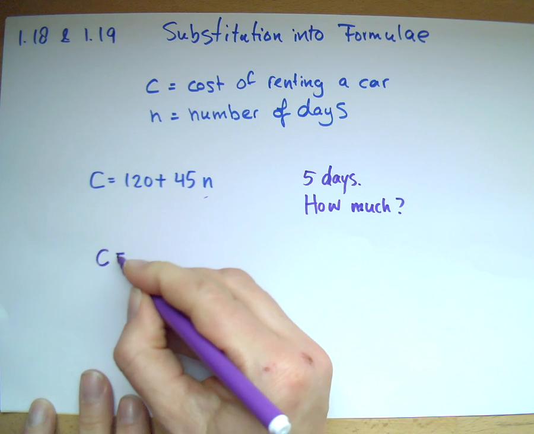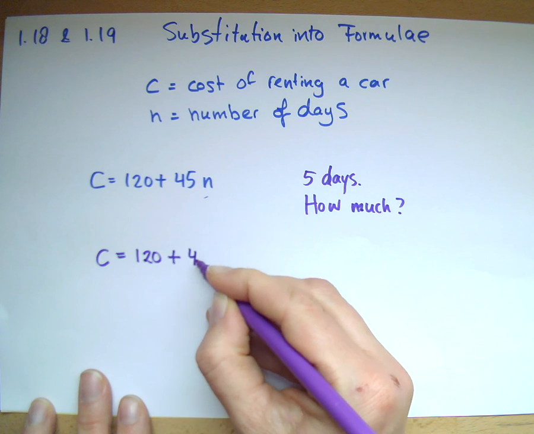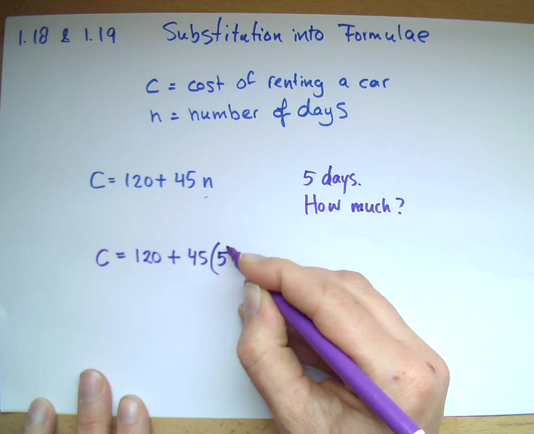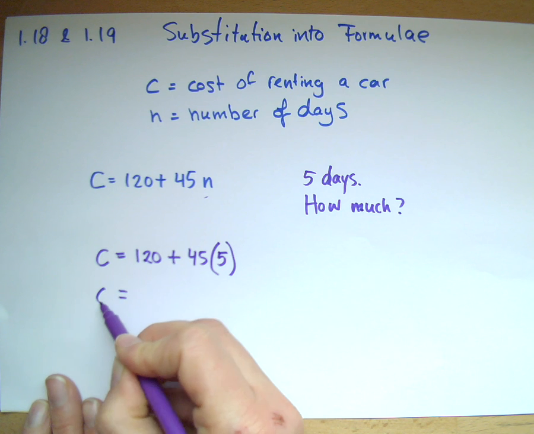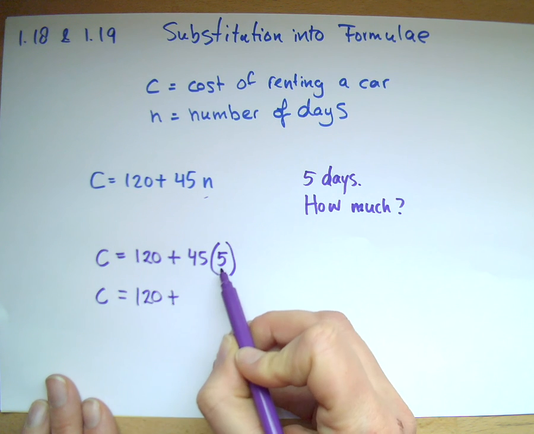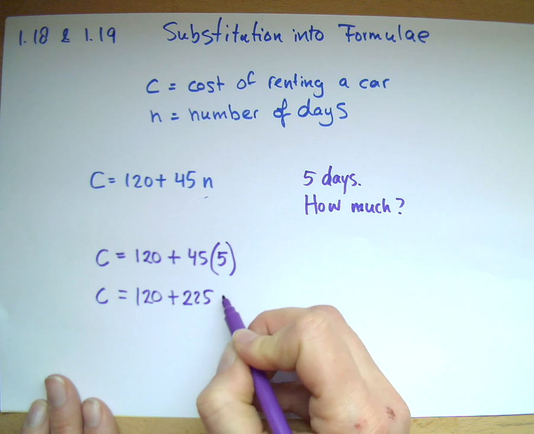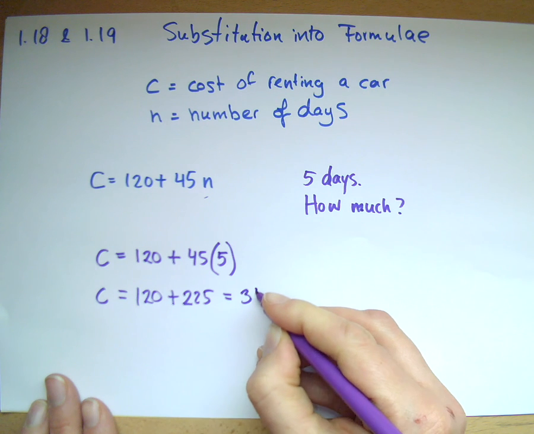So the total cost is going to be 120 plus 45 times N, but N in this case is 5 because we're renting it for 5 days. So the cost is going to be 120 plus 45 times 5, which is 225, right? So the cost is going to be $345.